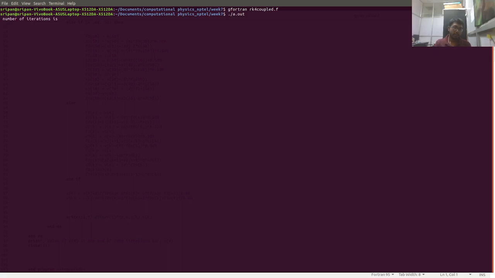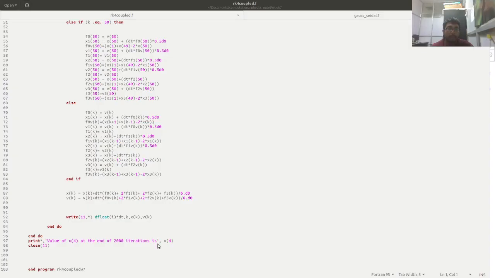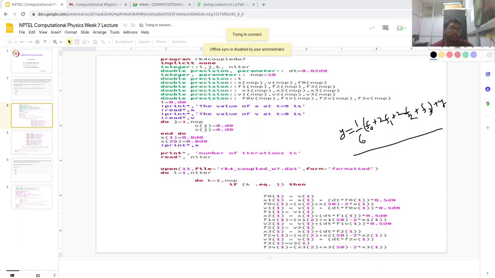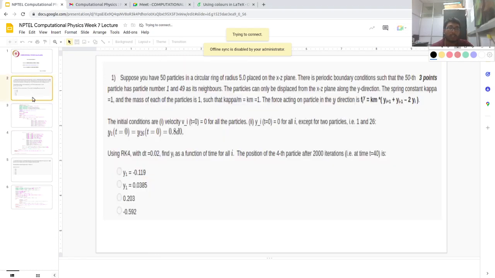Since we are interested in 2000 iterations, I am going to give 2000, and that will give us the value of x4 at the end of 2000 iterations to be 3.66 times 10 to the power minus 2. Now if we look at the options, we can find the correct answer.